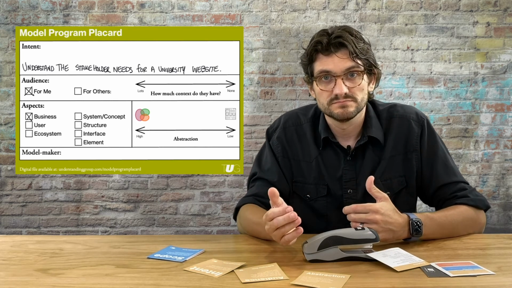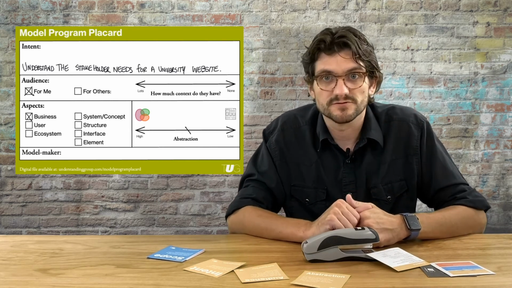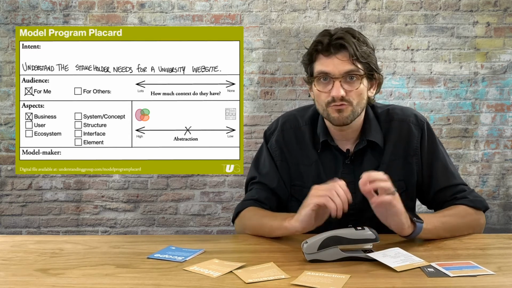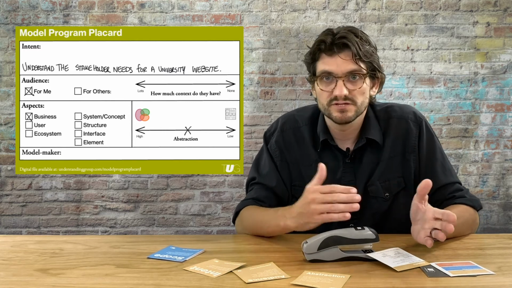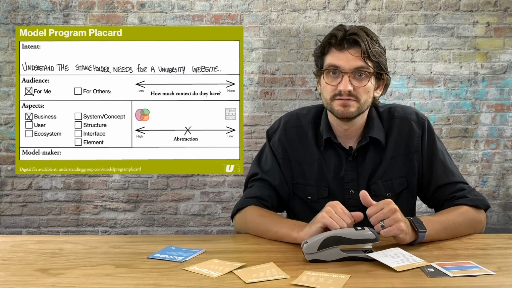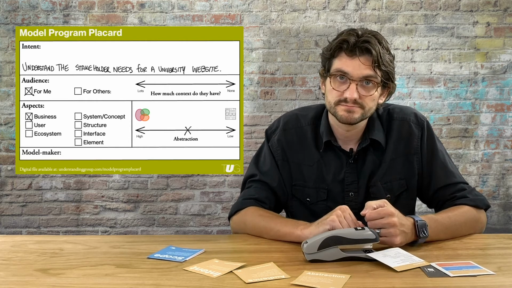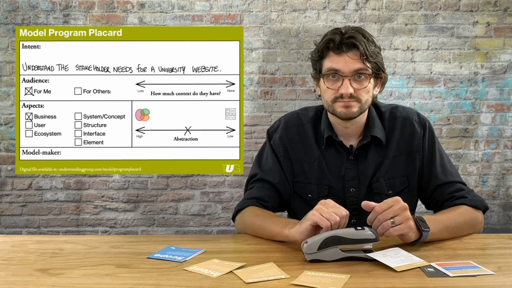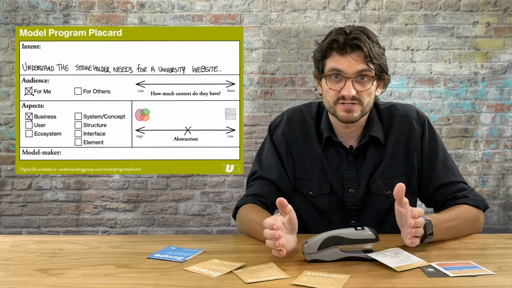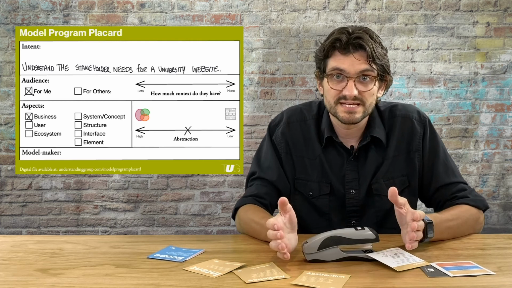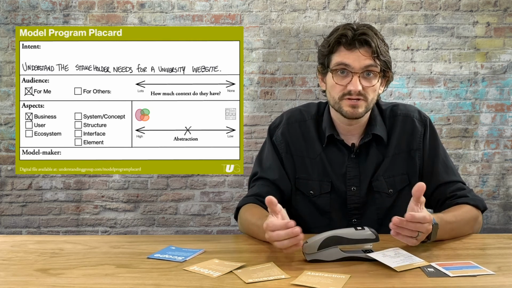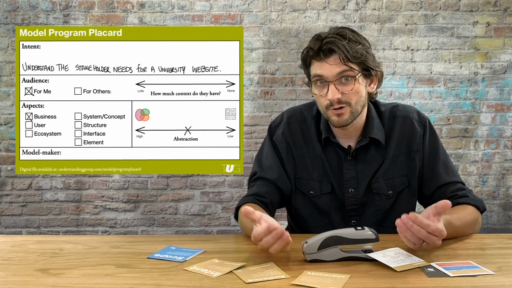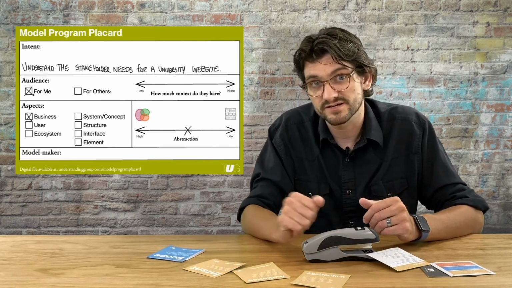For this example, I want to have this be a mid-level of abstraction. I want to be able to talk about some details, but I also want to look at overarching trends. So I'm going to pick a middle-of-the-road level of abstraction to document on my model program placard. Now, if you can't figure out the most appropriate level of abstraction, you can start answering these questions by just starting to make examples to populate your model based on what you know, and then ask yourself if the levels of abstraction of the examples are helping you explore your intent or taking you off target.